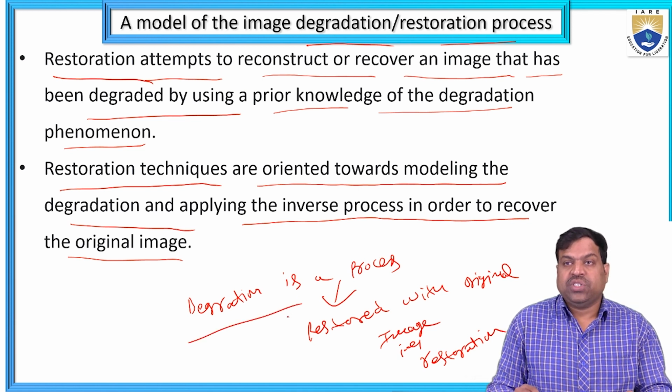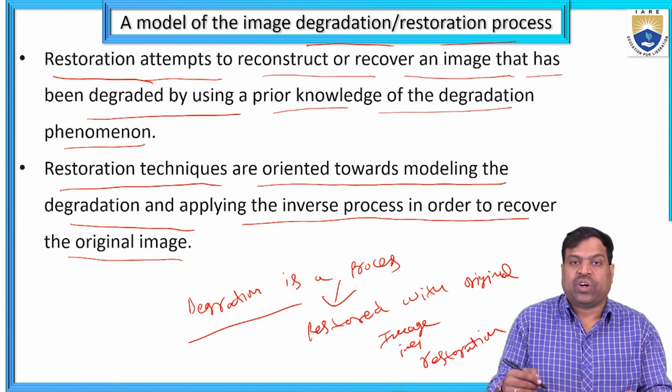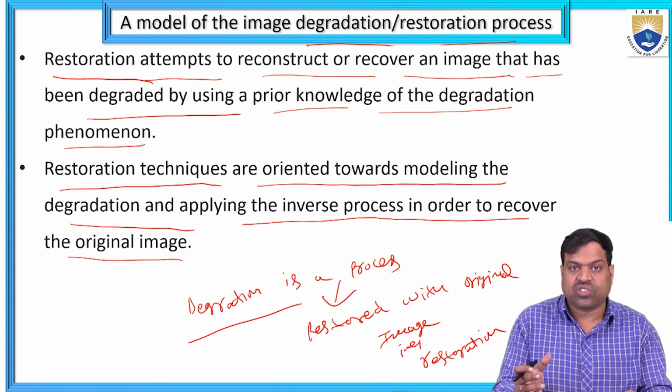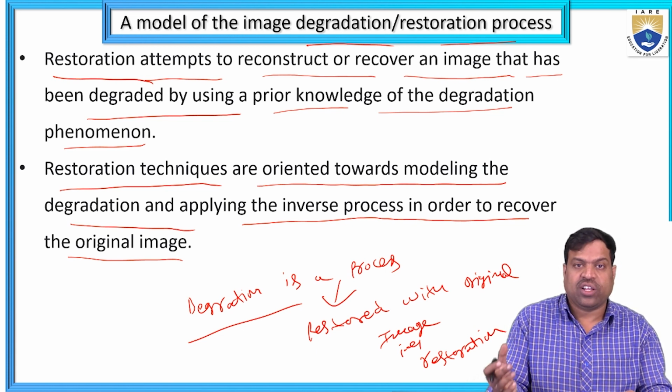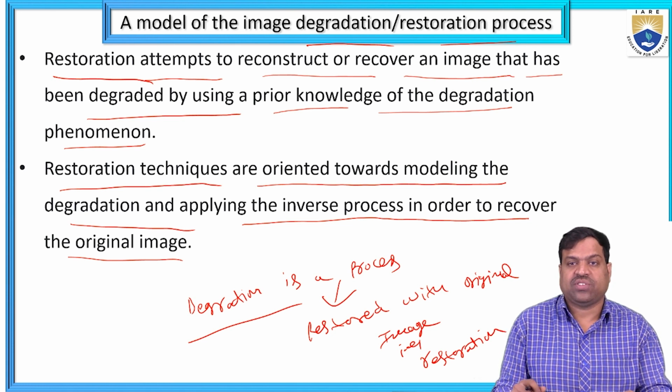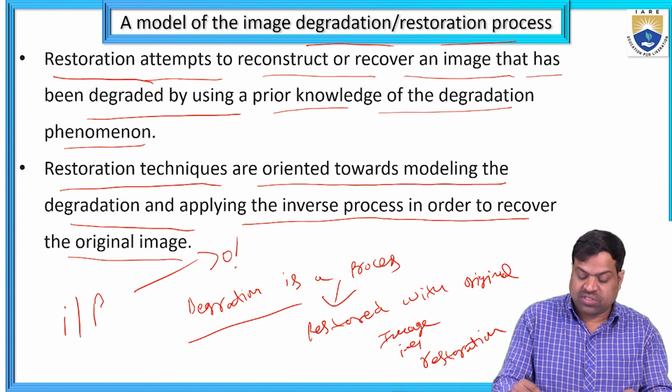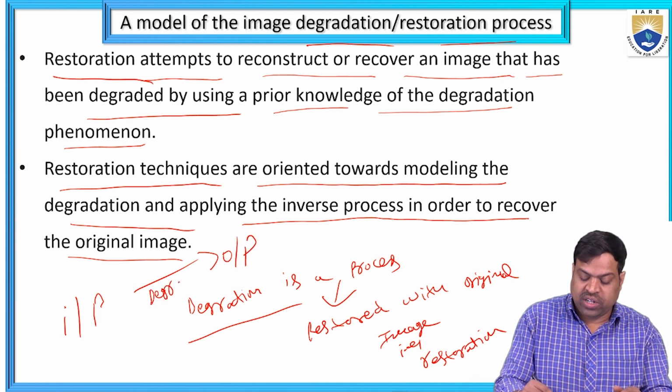Degradation means we are applying some transformation technique, some process of converting one image to another image. That is the degradation process. First there is an input image and an output image, and between the input and output the degradation process is going on.